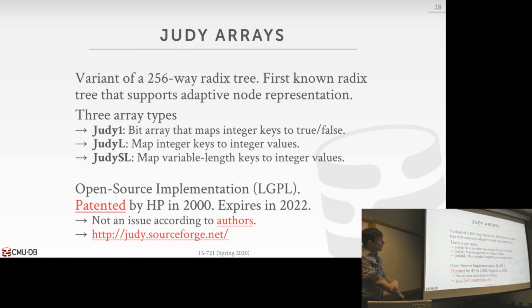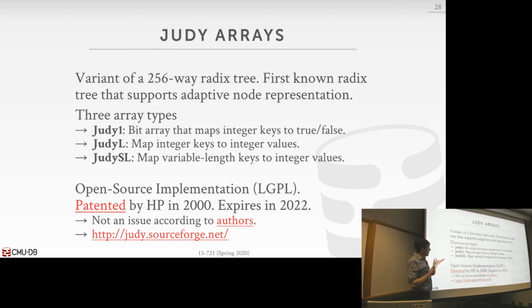The Judy array, as I said, came out by HP in the late 90s, early 2000s, and this is thought to be the first adaptive radix tree. The way it works is that we look at the number of unique digits we have for every single node, and then we choose a different node layout based on its composition.